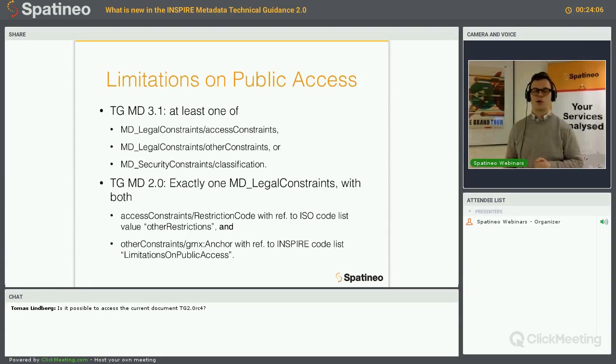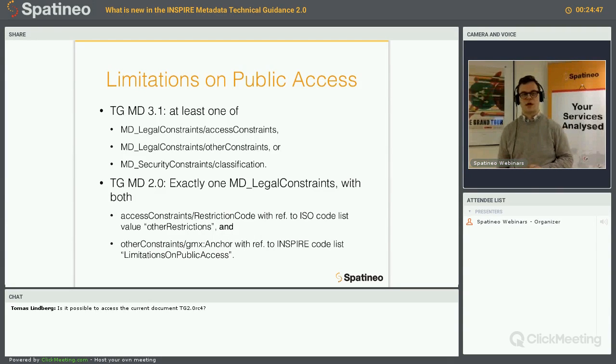So now the only allowed option is to use legal constraints, and within that you have to provide both access constraints element and other constraints element. And in the access constraints element, it's a fixed restriction code, other restrictions always, and then the actual limitation, which is one of the values of the INSPIRE code list provided for this purpose, goes to the other constraints element.